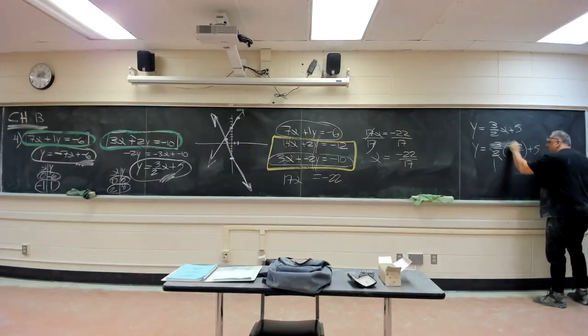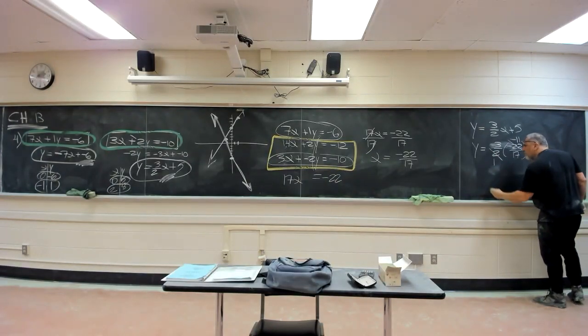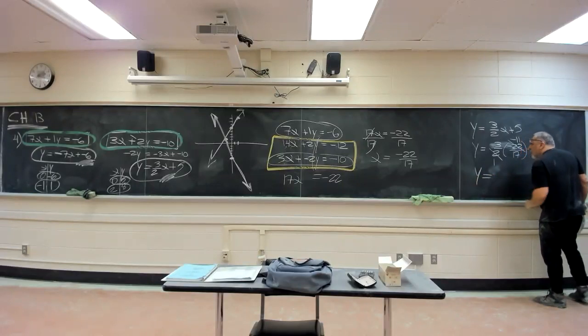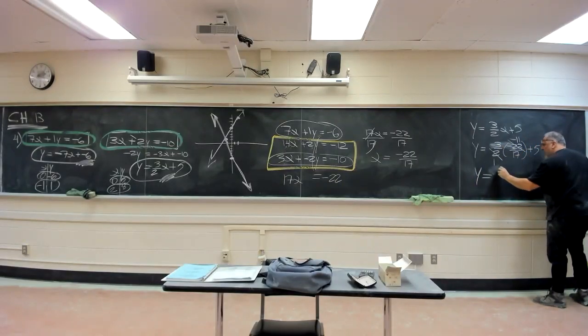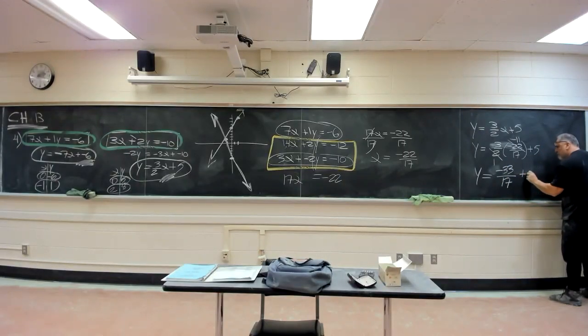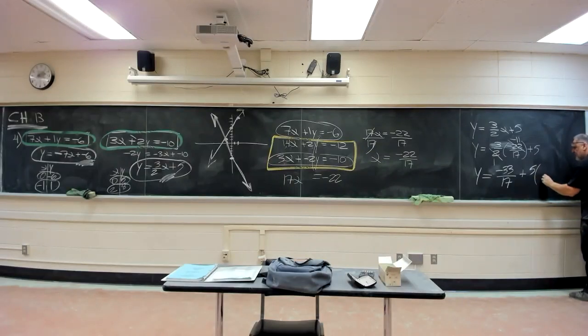The 2 cancels into here, you got negative 11. Three times negative 11 is negative 33. 1 times 17 is 17. Here's 5. 5 is the same as 17 over 17 times 5, multiplied by a special 1.